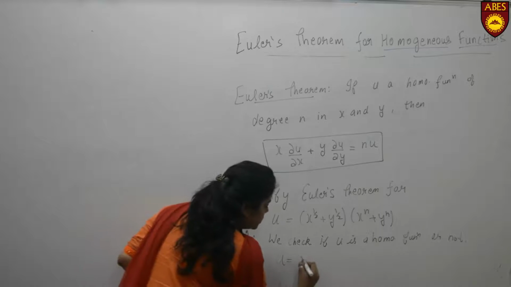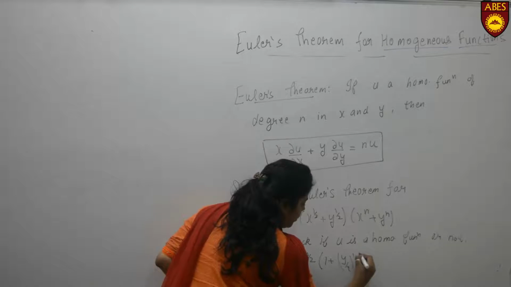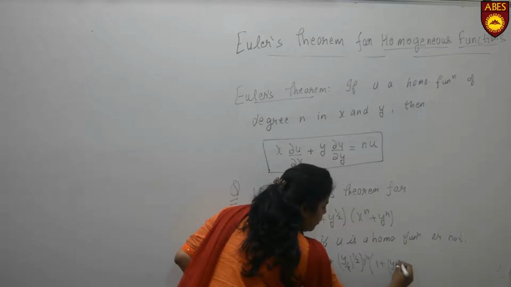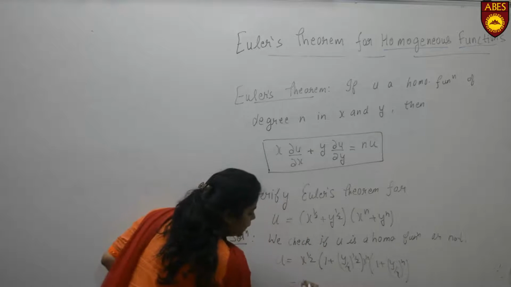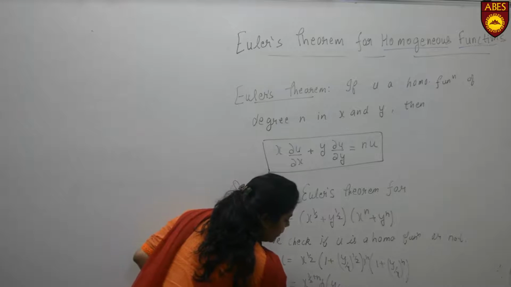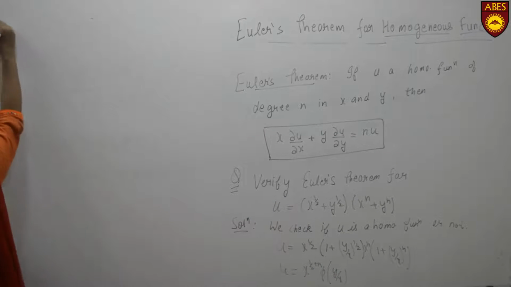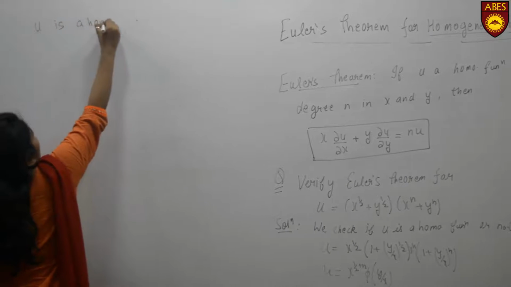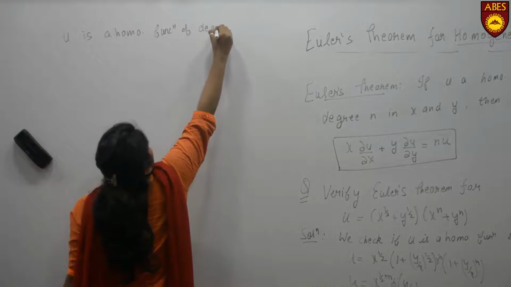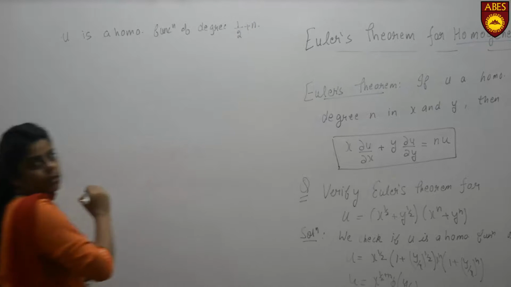So u can be written as, or further we can write it as, function of y by x. u is a homogeneous function of degree 1 by 2 plus n.